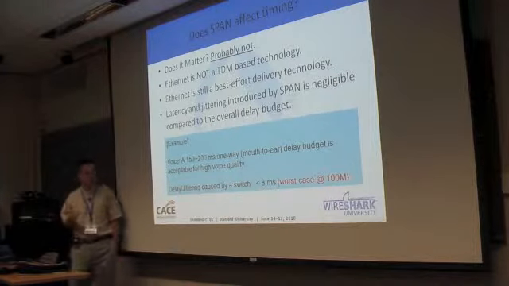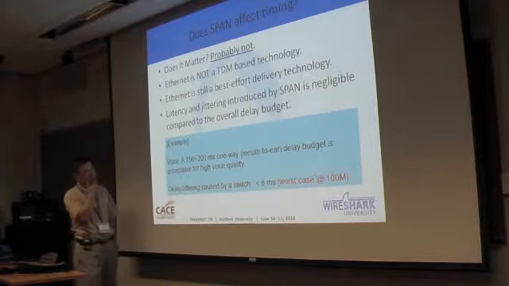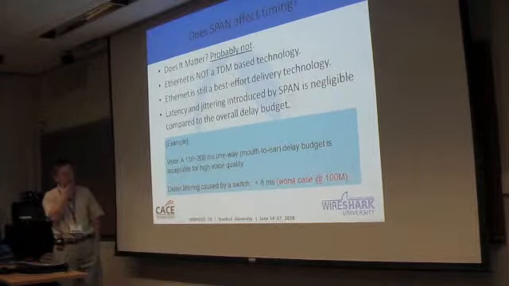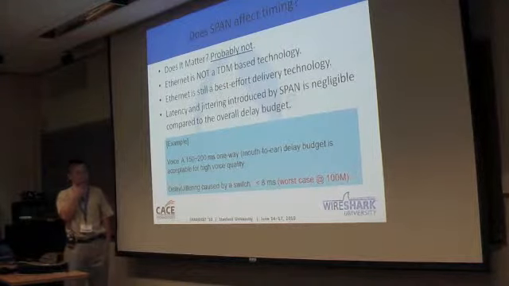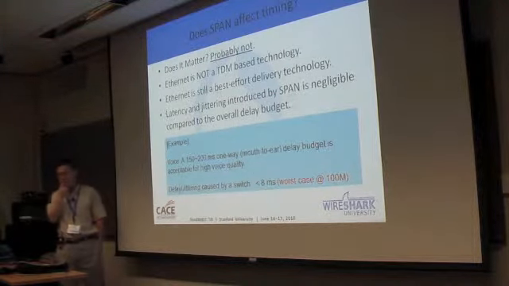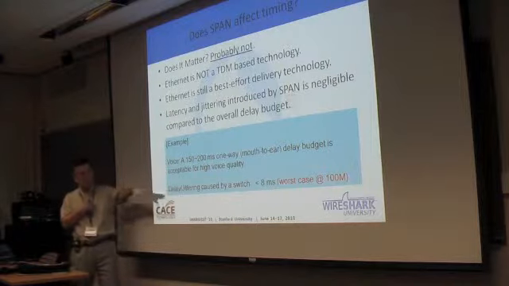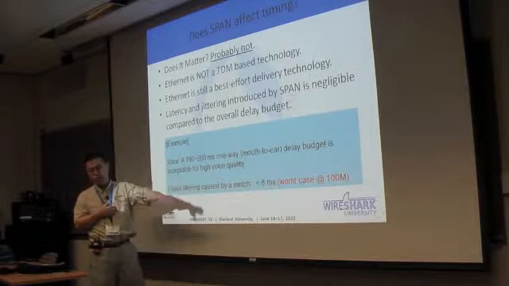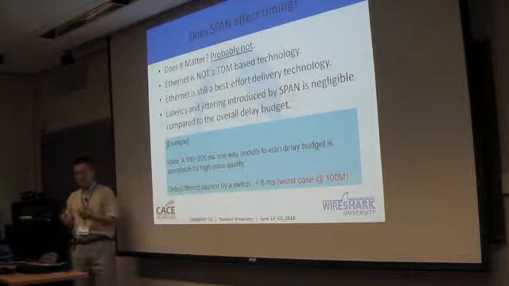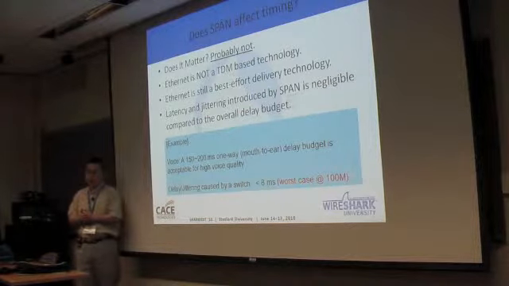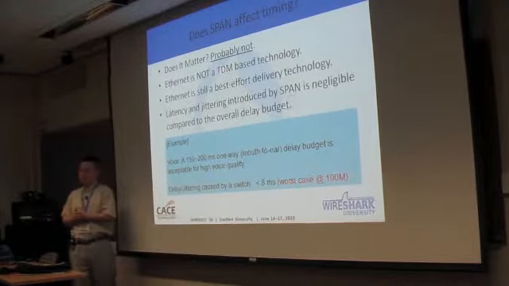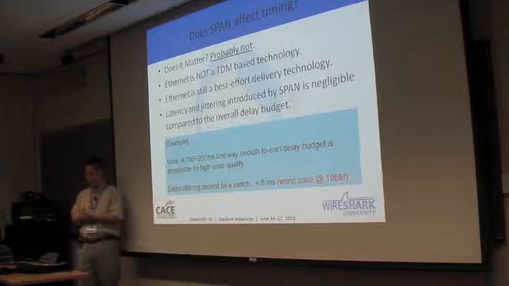So this 8 milliseconds, compared to the overall delay budget of 150 to 200, is really a small amount. And this 8 milliseconds is the worst case. In the normal situation, the delay is probably just a couple hundred microseconds.